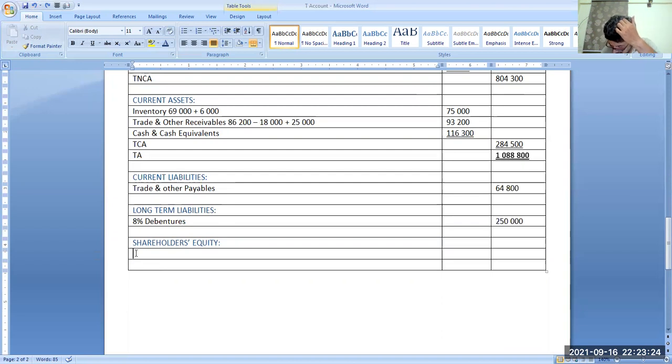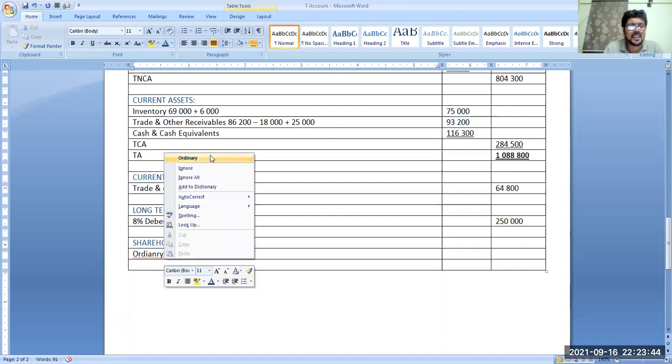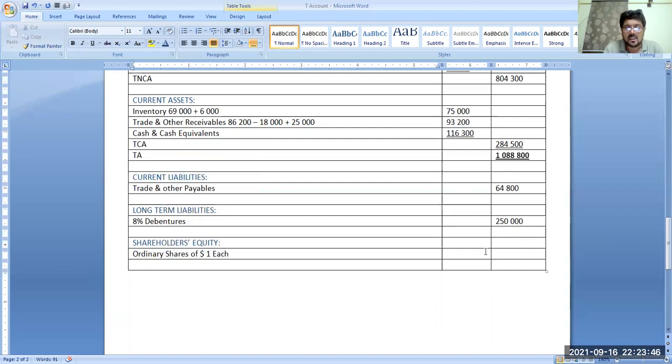Ordinary shares of $1 each. There's a mistake. Done. Okay. Ordinary shares of $1 each is how much? $500,000. Done. Then retained earnings.